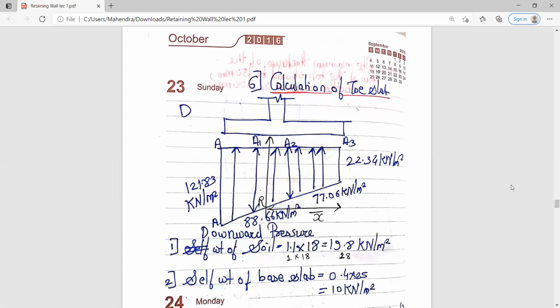And after completing the diagram, let me know so that we can proceed further. Yes, done.